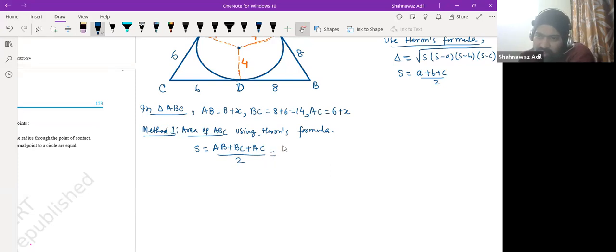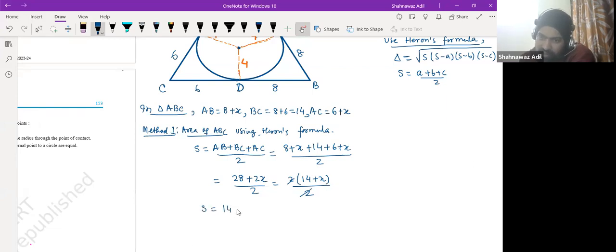AB is 8 plus X, BC is 14, AC is 6 plus X, by 2. So this is how much? 8 plus 6 is 14, 14 plus 14 is 28, plus 2X by 2. And we can take 2 common. This would be 14 plus X. So this 2 and 2 will cancel and we'll have S, which is 14 plus X. So this is our S.